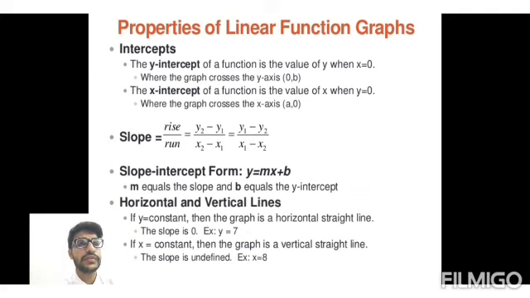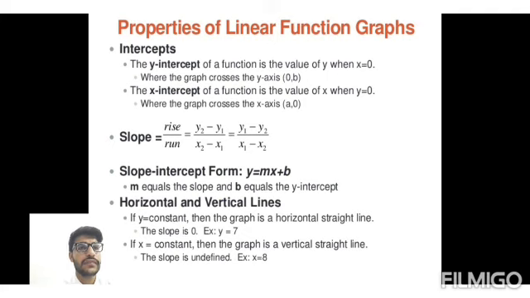The x-intercept of the function is the value of x when y is equal to 0, where the graph crosses the x-axis. Slope is rise over run.